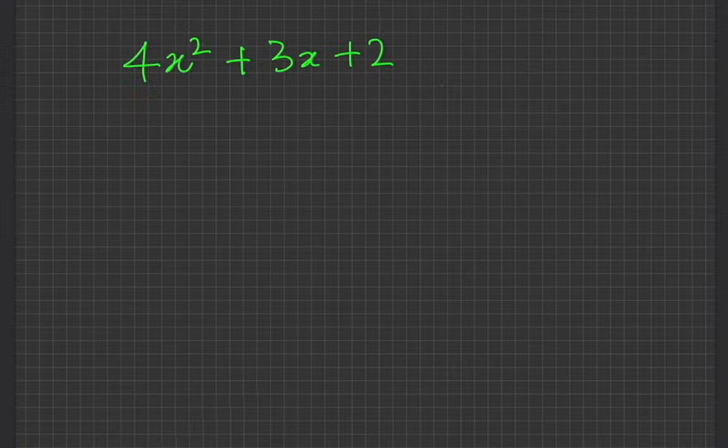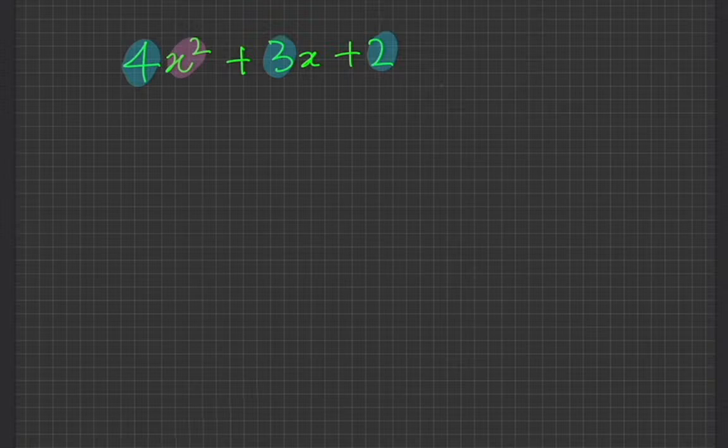So what is known here? Known is basically the numbers, that is 4, 3 and 2, because their values don't change. 4 is 4, 3 is 3, 2 is 2. But this x that is associated with it is an unknown value.